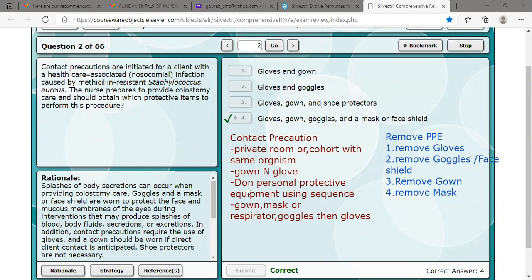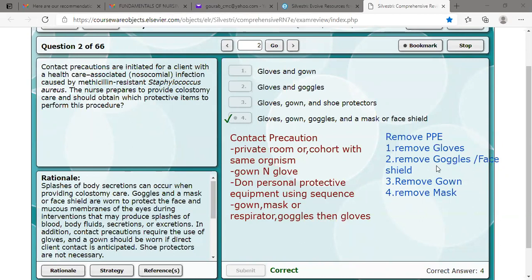And you don, or wear, the personal protective equipment using the correct sequence. What is the correct sequence? Better to wear the gown, then mask or respirator, then the goggles, and finally gloves.